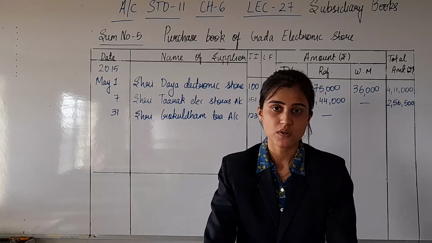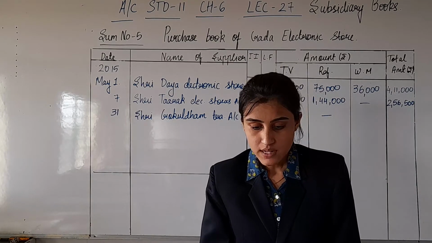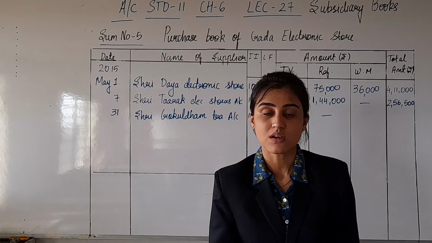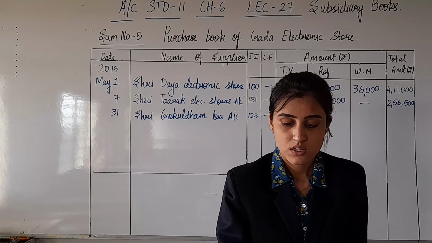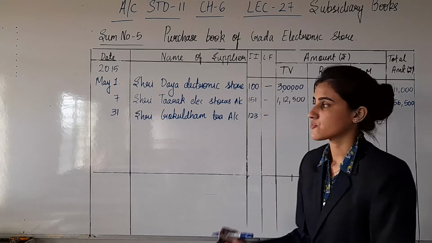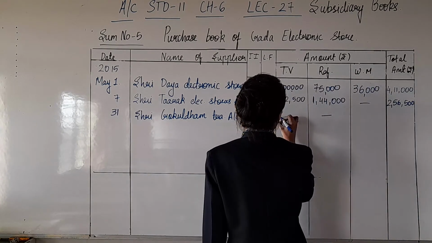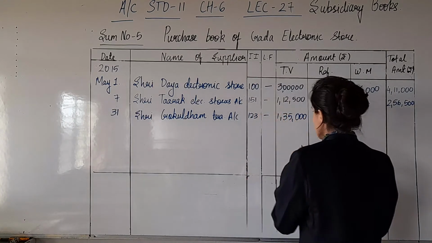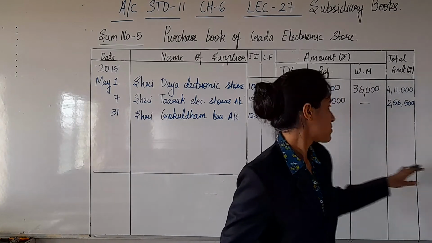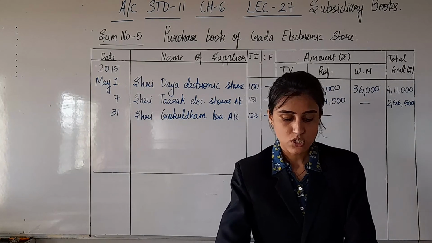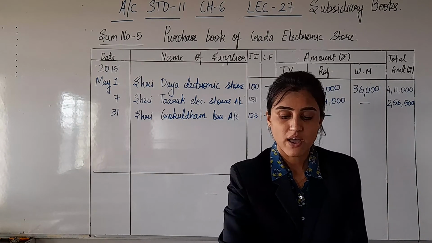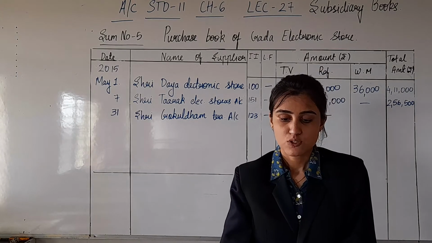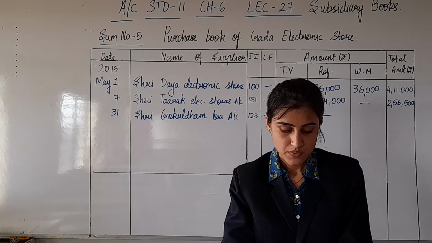1,50,000 is the amount for purchase of TV sets, and 10% trade discount, of course, which is 15,000, gives you 1,35,000. As I said, the trade discount is to be applied individually, not on the total amount. Then talking about the washing machine, 5 washing machines each at rupees 23,000, so 1,15,000.